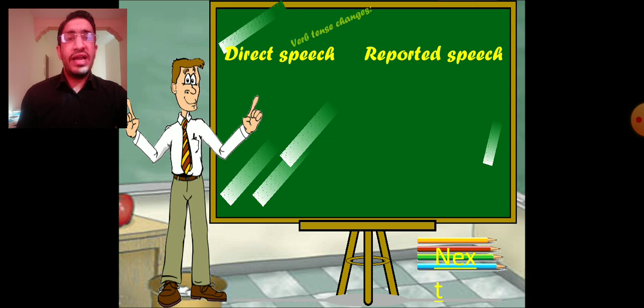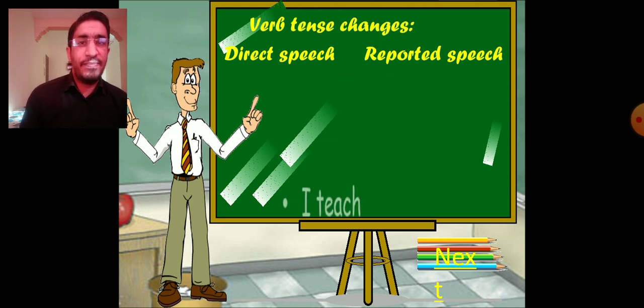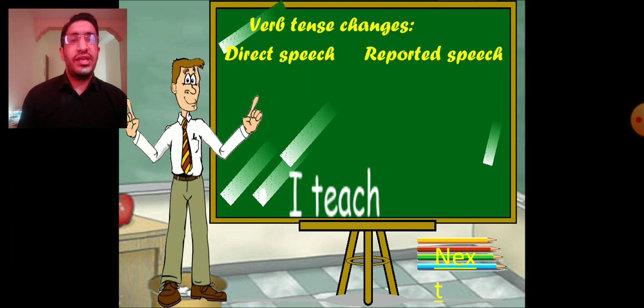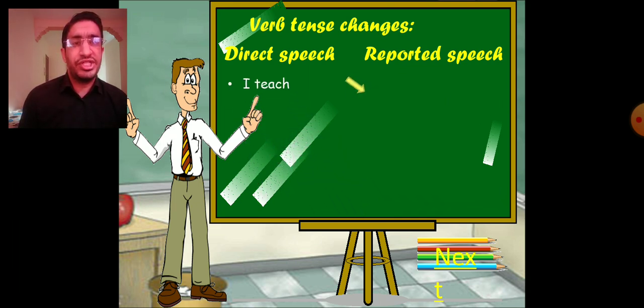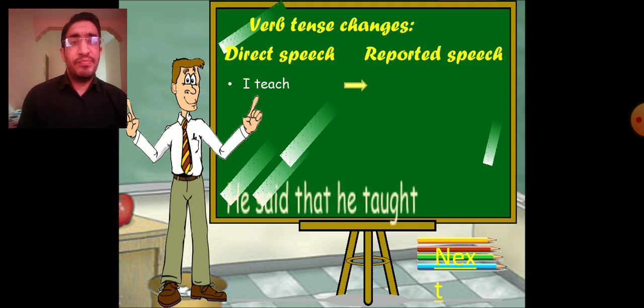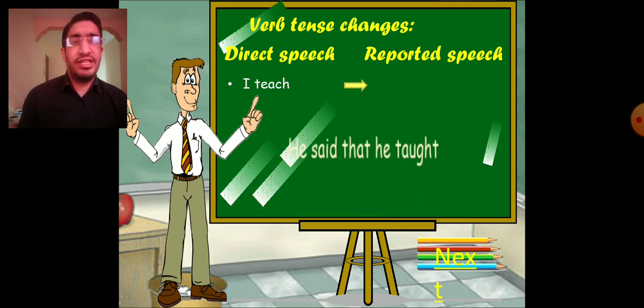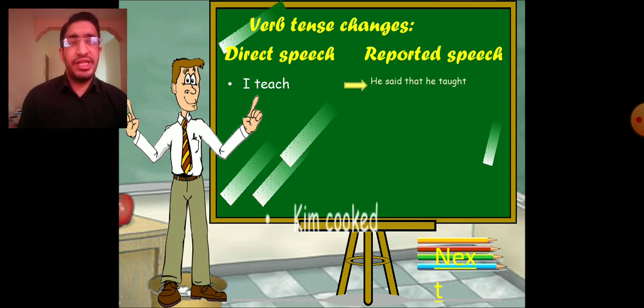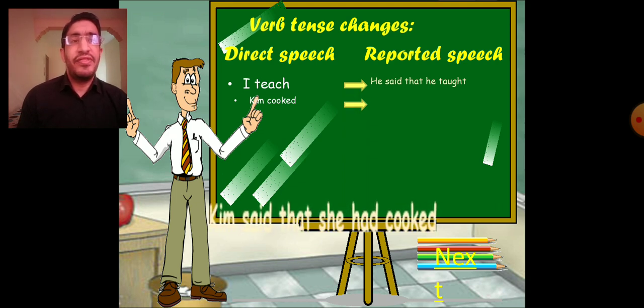So here are some changes that happen during the transformation from direct speech to reported speech. For example, simple present: I teach. In the reported speech, it becomes simple past: he said that he thought.